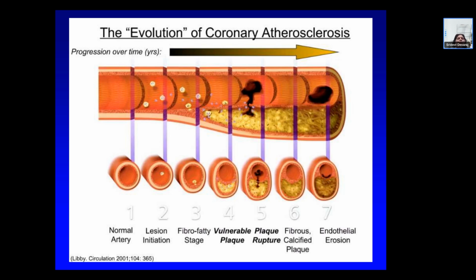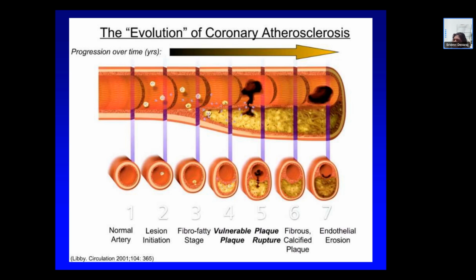So when you look at the evolution of coronary atherosclerosis, it is an evolving process. It starts off with a normal artery lesion. Initiation starts off with cholesterol, LDL cholesterol, and modified cholesterol being taken up by the scavenger receptor on the monocyte macrophages. They enter the subendothelial space.